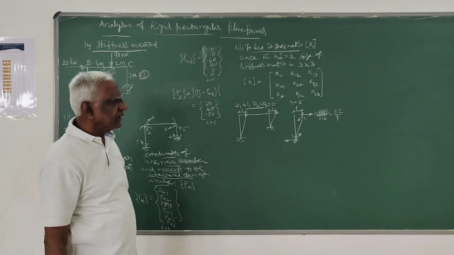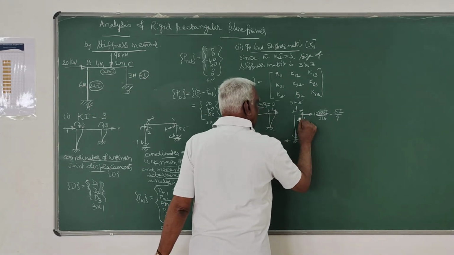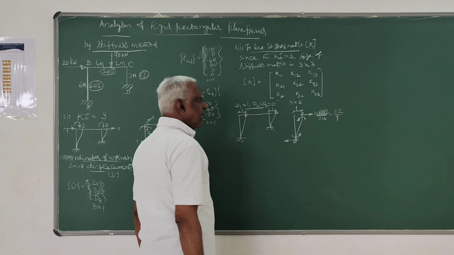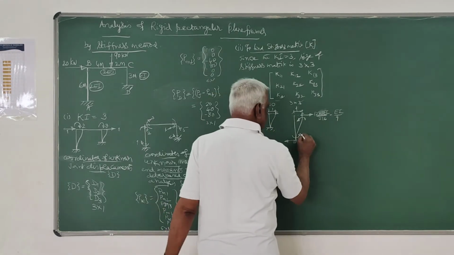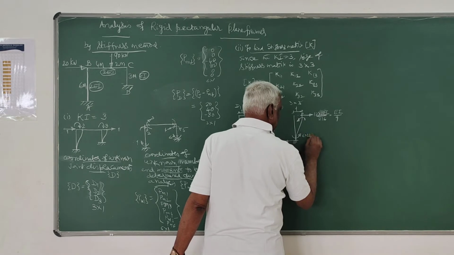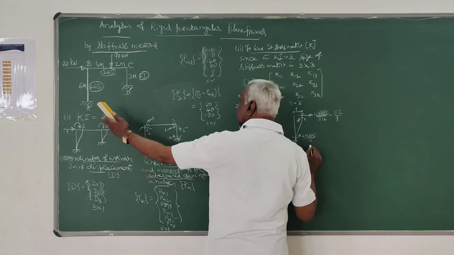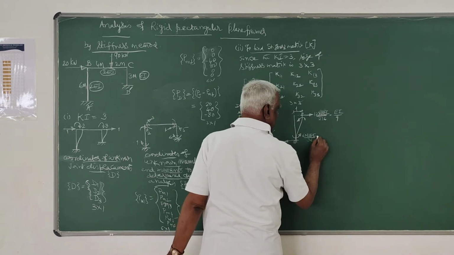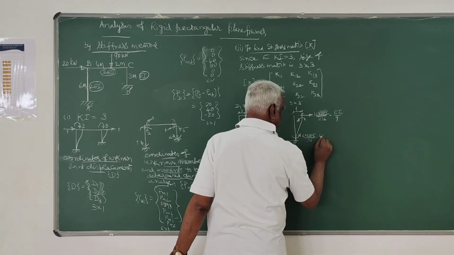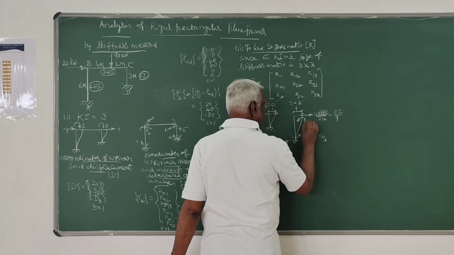Now this is perfectly in equilibrium, and the value of these forces is 6 EI, that is 6 into 2 EI divided by L square, that is 6 by 36, that is EI by 3. This is also EI by 3.